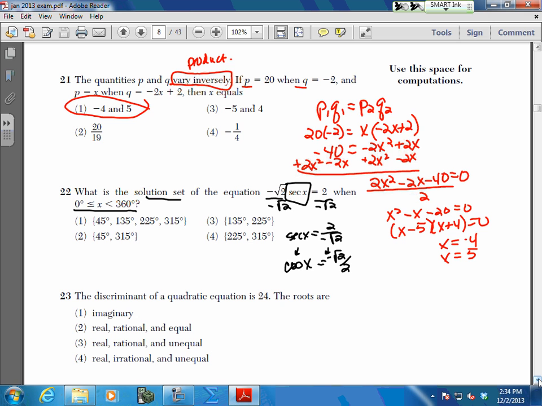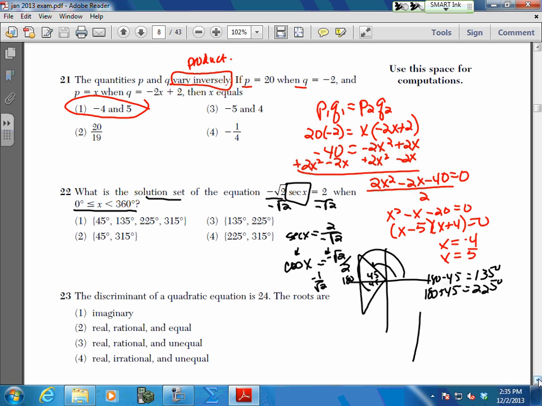With a negative. Cosine is negative in 2 and 3. This will be a 45-degree angle. It actually came from this, and it was just rationalized. So find your reference angle, and you're going to either be in this quadrant or in this quadrant. This one is 180 minus 45, and this one is 180 plus 45.